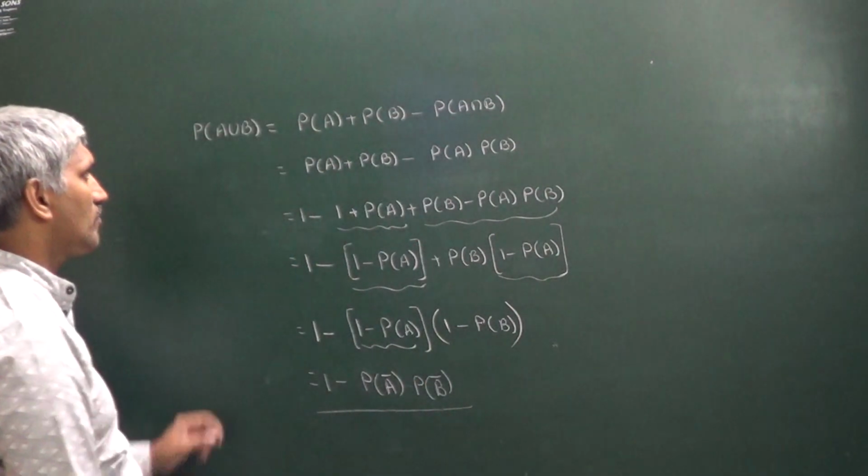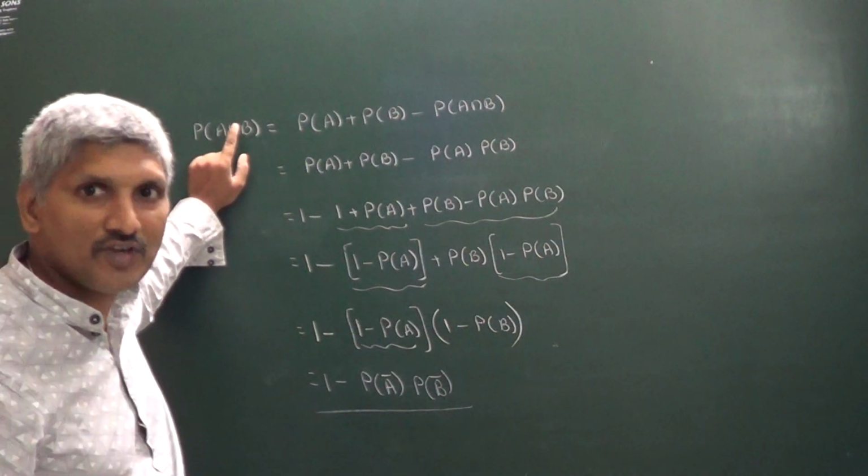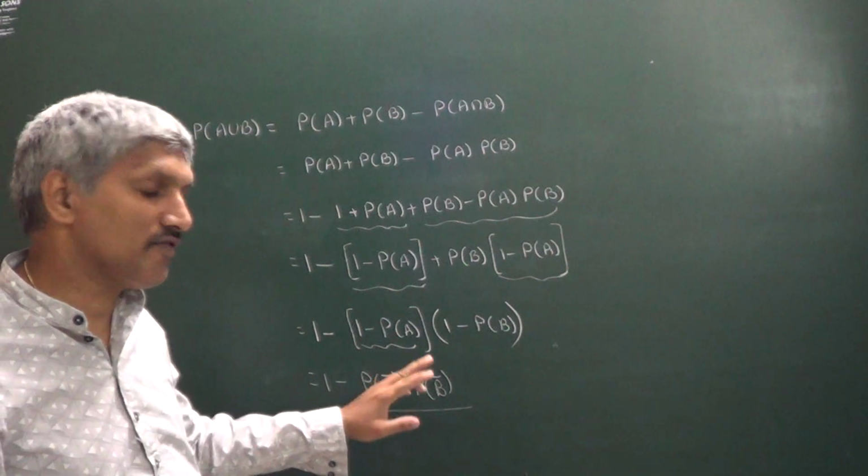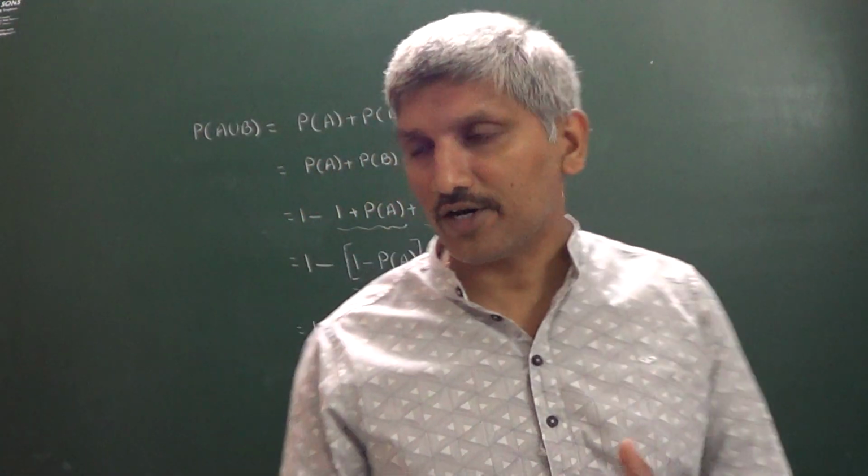So in case of independent events, P of A union B we can write as 1 minus P of A bar into P of B bar.